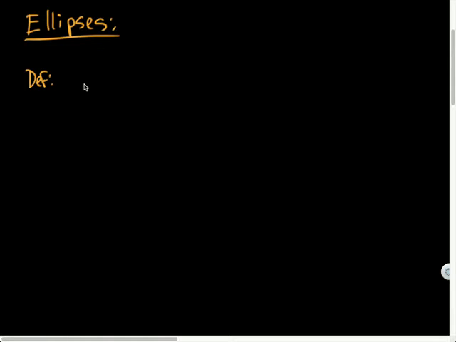An ellipse is the set of all points, and anytime I'm talking about a set of all points, that's the same as a locus.